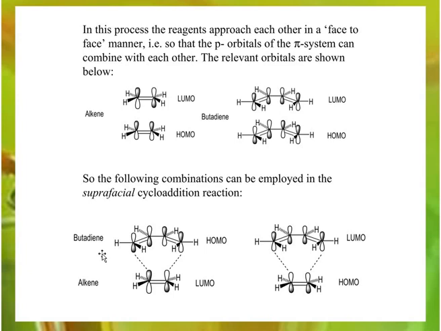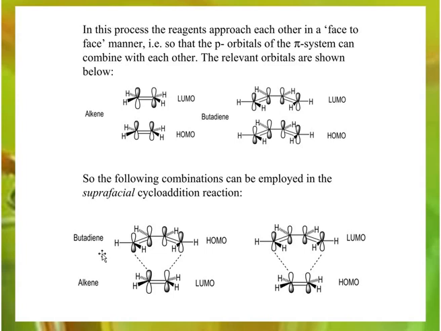So in this process, the reagents approach each other in a face-to-face manner so that the p orbitals of the pi system can combine with each other. The relevant orbitals are shown here. You can see the HOMO and LUMO. You can see the butadiene HOMO and LUMO, and the symmetrical arrangement of HOMO and LUMO is like that.